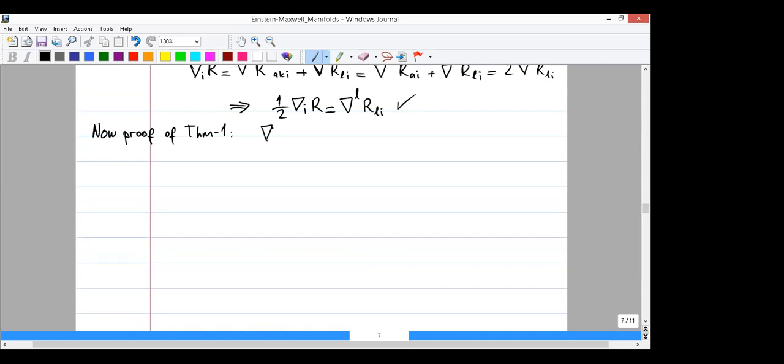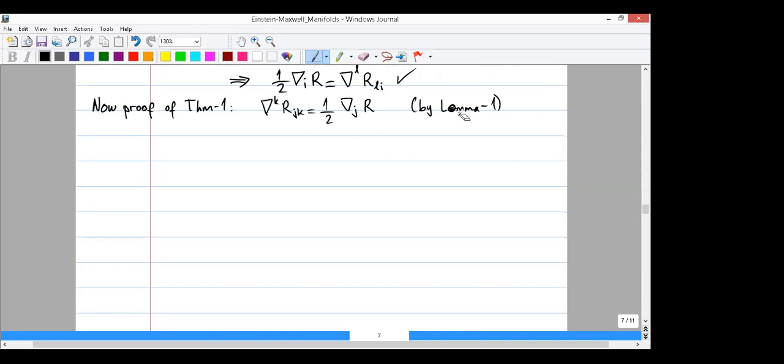So we start with this, just using this lemma. Vector lemma 1.